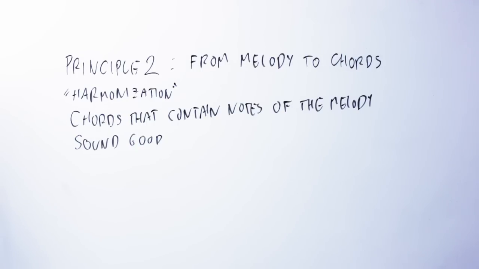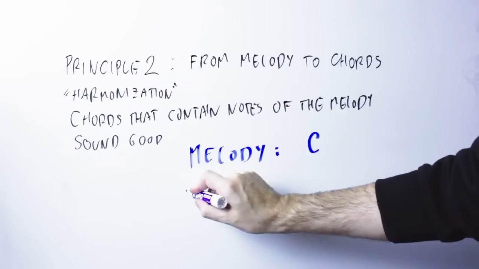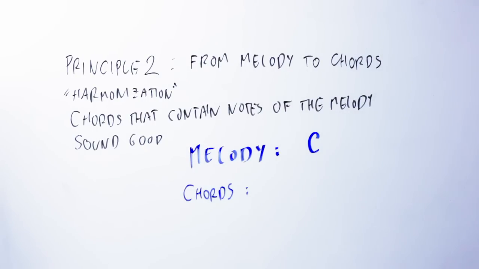Those chords work. Okay? Then, of course, since there are several chords that contain even a single note, if your melody note is C, there are several chords that contain the C note.